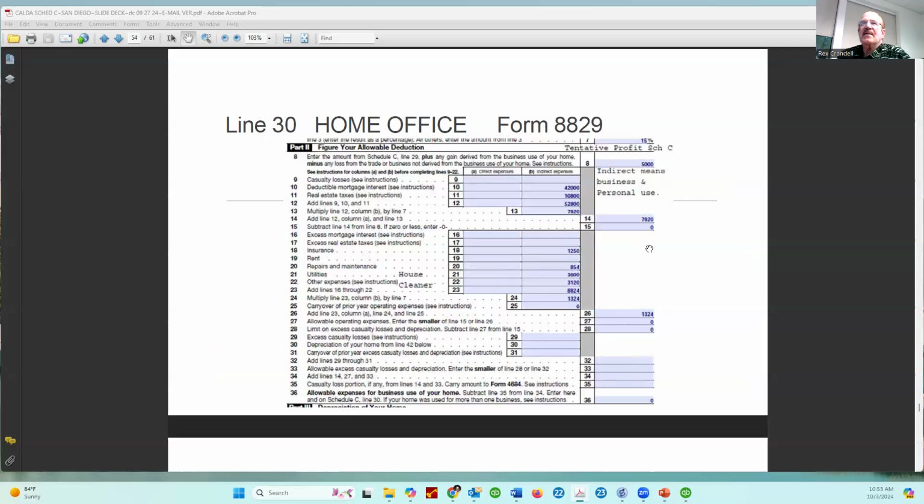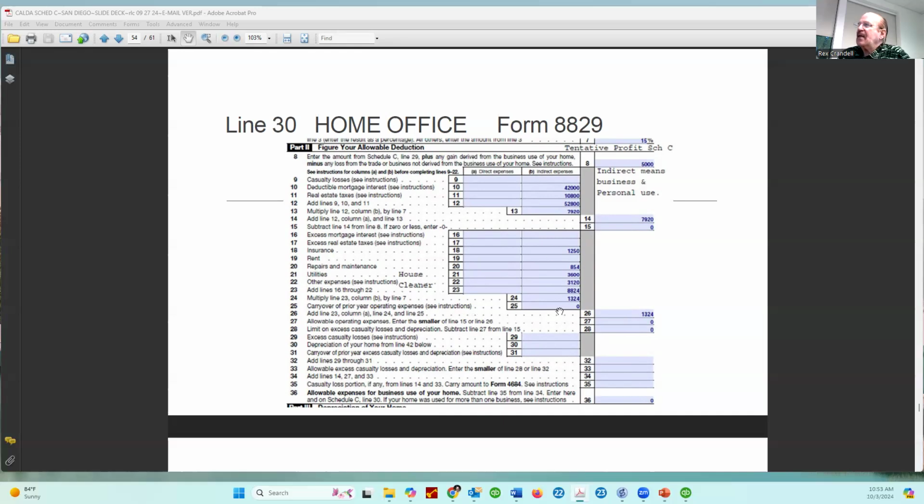Now, let's get into the actual costs. We have one column that says direct expenses, and that would be for expenses that solely apply to the home office. So if you have a room in your home that's your home office and you had it painted, that would be a direct expense on this schedule.